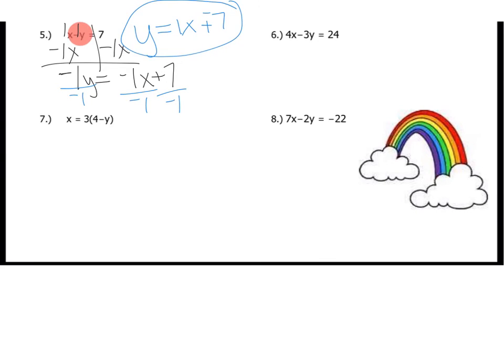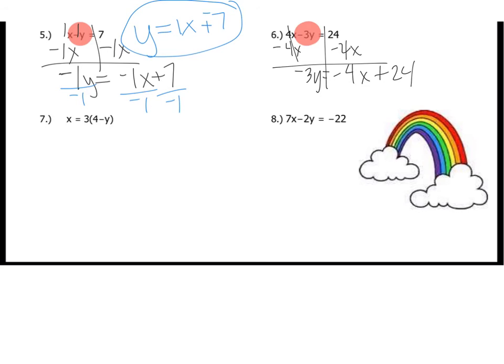Number 6, we want to get y alone. So we're going to need to move that 4x. So we need to subtract 4x from each side, and negative 3y equals negative 4x plus 24.